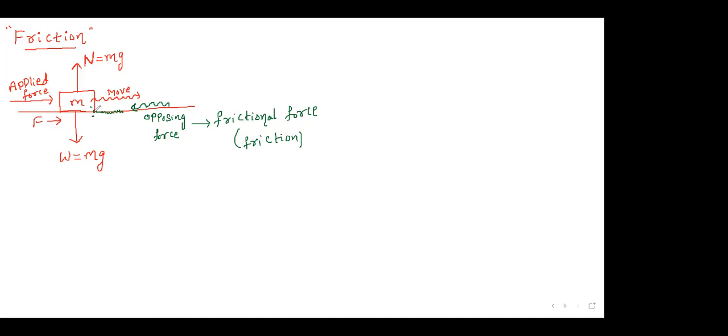If the two surfaces are in contact, then the opposing force is called the frictional force. So frictional force is the opposing force, which always acts opposite to which force? Applied force.